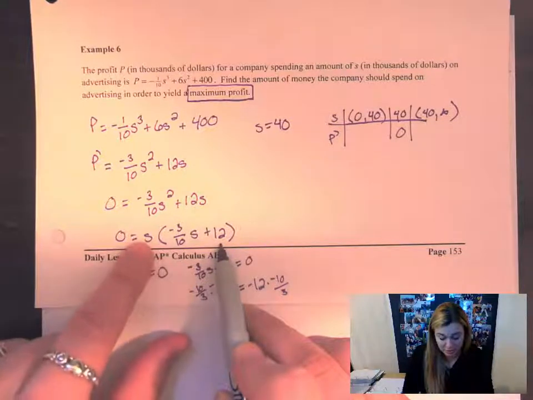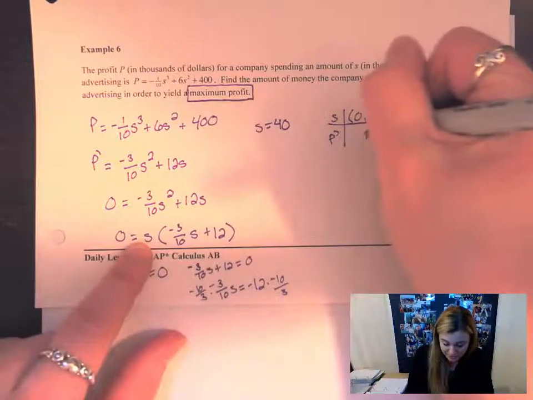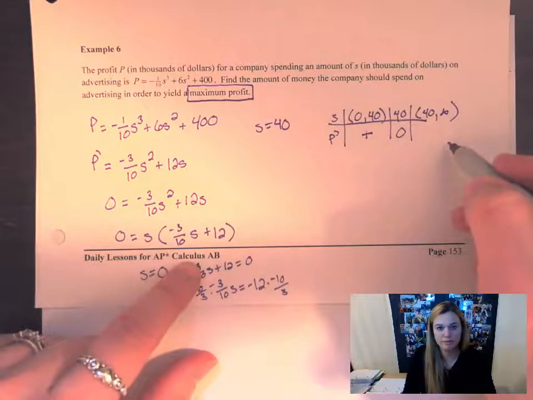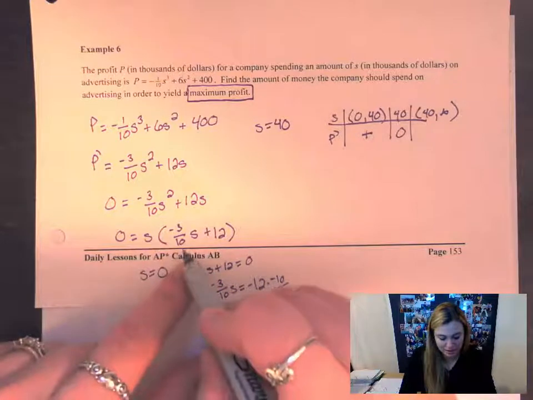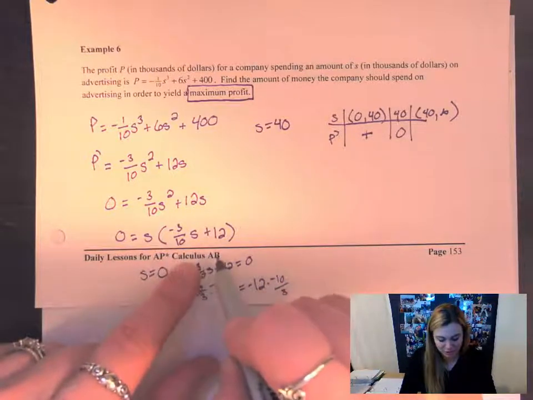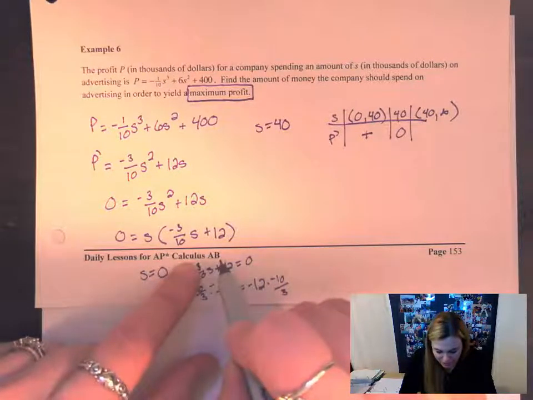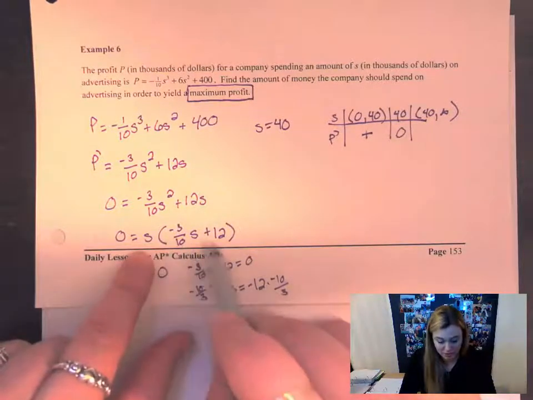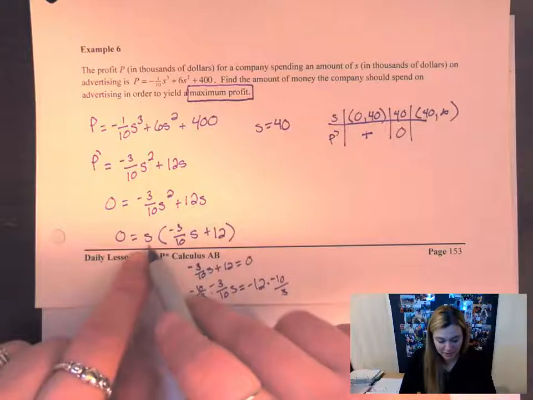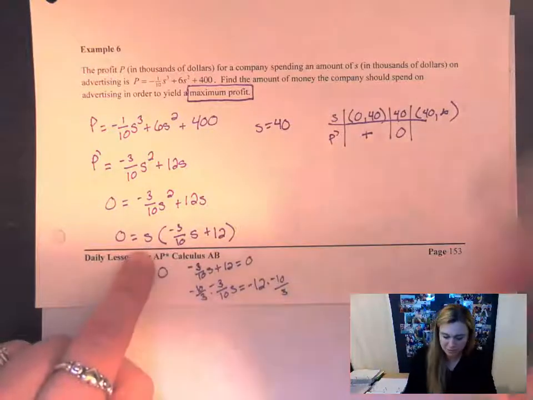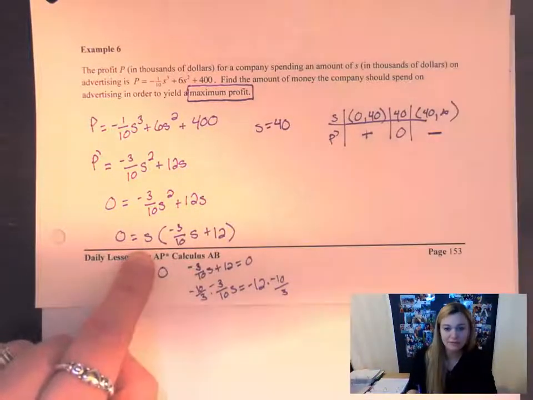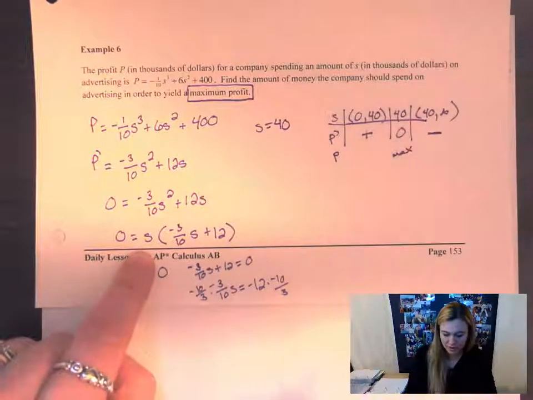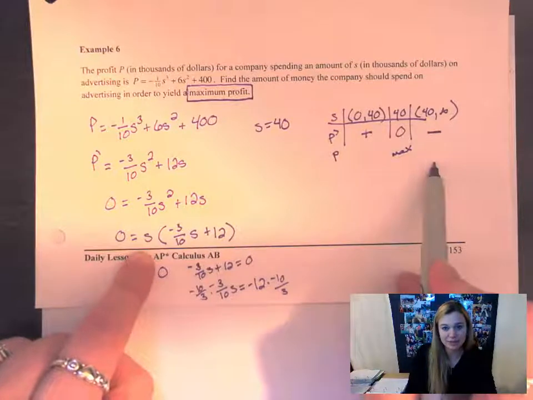Positive times this will be a positive 1, positive. 40 to infinity. If I put in something like, I don't know, 5 million, negative 3/10 times 5 million plus 12 is going to be negative, because this negative 3/10 times 5 million is going to be huge. 12 is not really going to matter. Times a positive 5 million. Negative times positive is negative. That means P, the profit, has a maximum as P will change from increasing to decreasing.